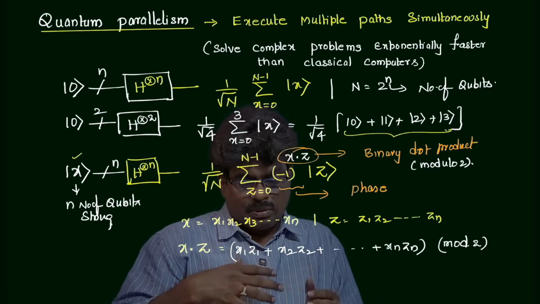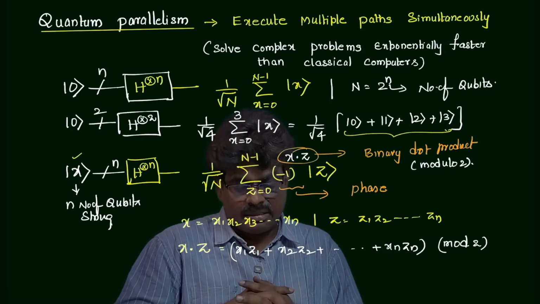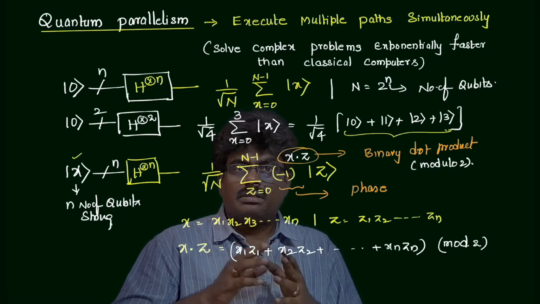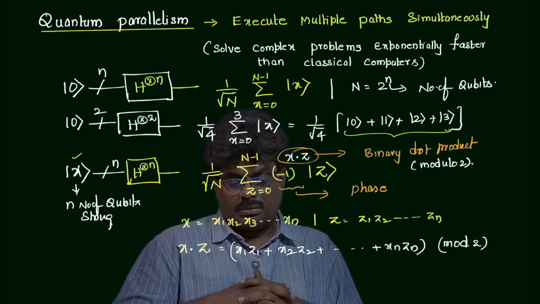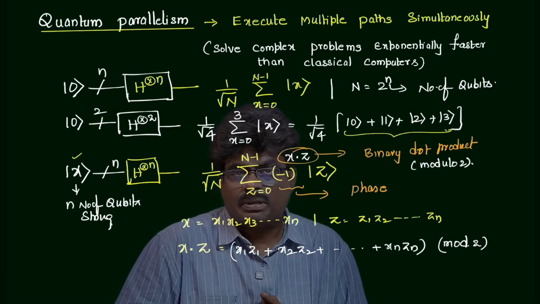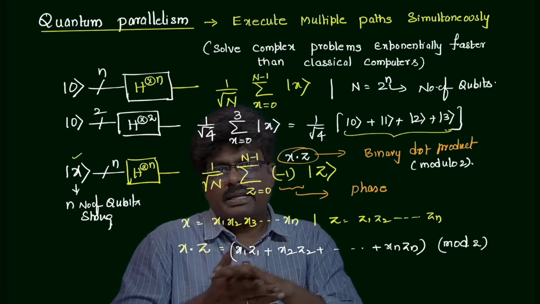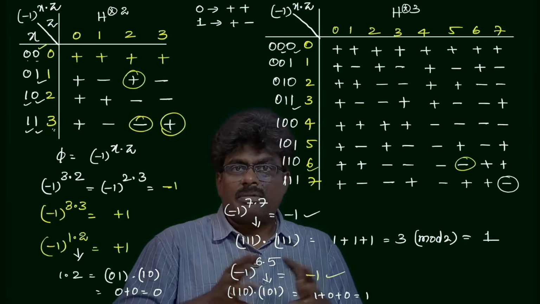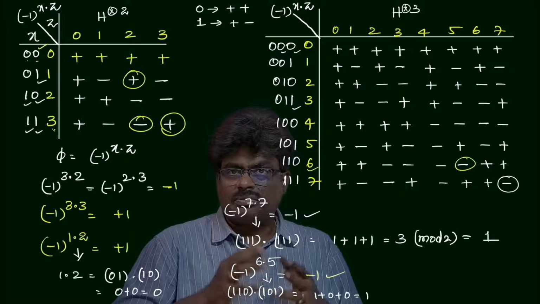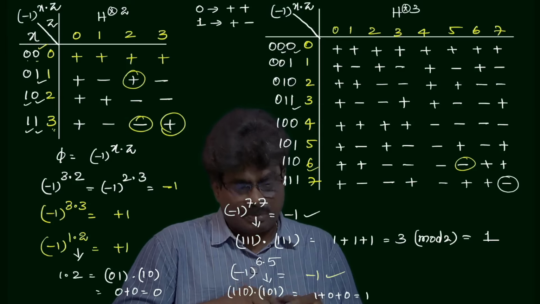Once again, first what we have discussed is quantum parallelism. That means we have n number of multiple inputs, and these n number of gates are simultaneously operating on those inputs. After that I have given some tabular form which is used to find the phase factors, the binary dot product.